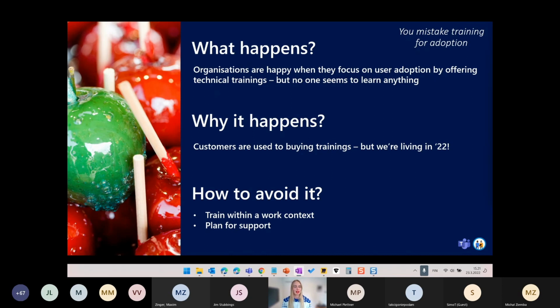Okay, we did those Teams trainings. And then one feedback from one attendee from one training was that this general training was no use to me, because I don't see how the things we learned in this training have to do with my real day-to-day work.